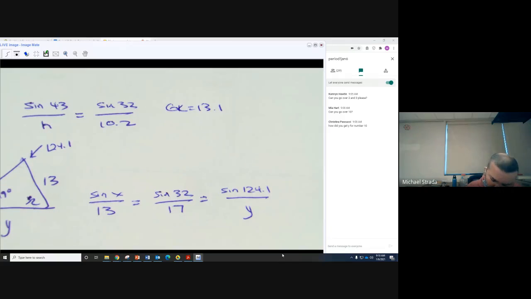I'm now going to cross multiply 17 sine 124.1 and divide that by the sine of 32. And y comes out to be 26.6. So basically you need to use that angle in order to get that.